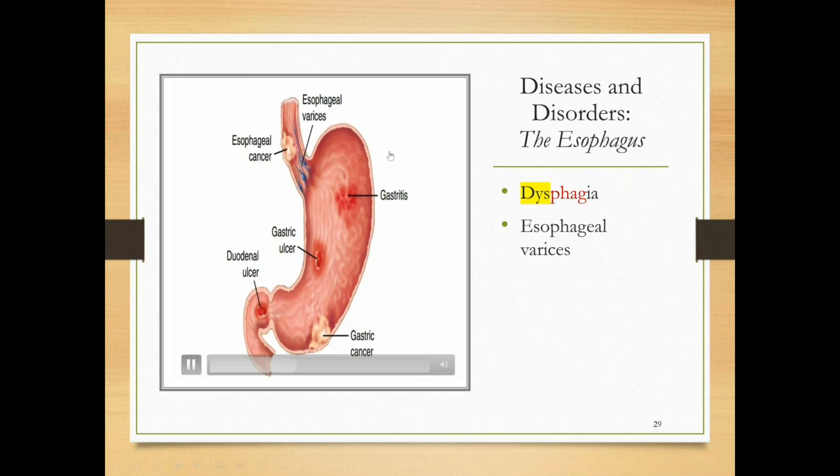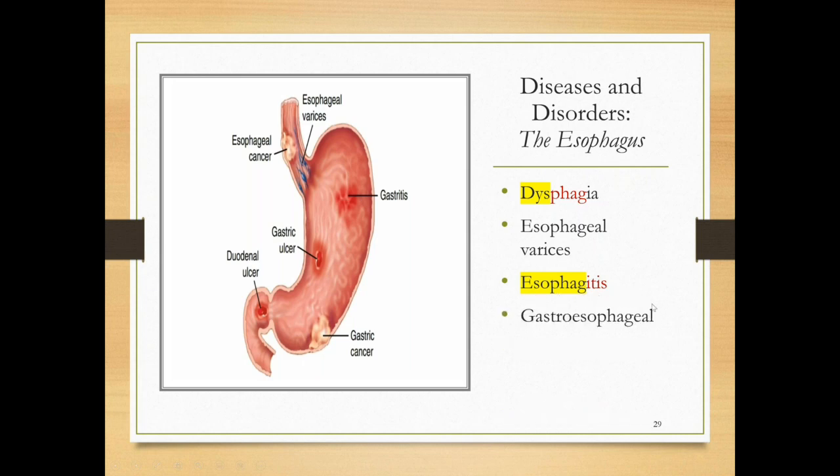Again, let's see what esophagitis means. If esophago pertains to the esophagus and itis means inflammation, then esophagitis means inflammation of the esophagus. And gastroesophageal reflux disease, with the abbreviation GERD, is a condition of backflow of the stomach contents into the esophagus.